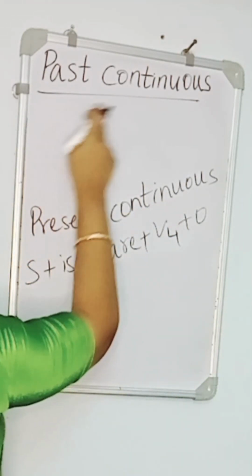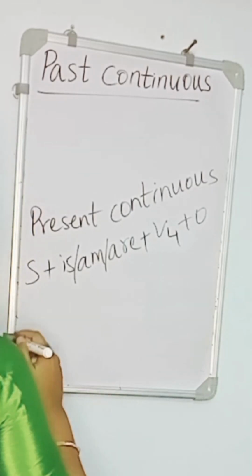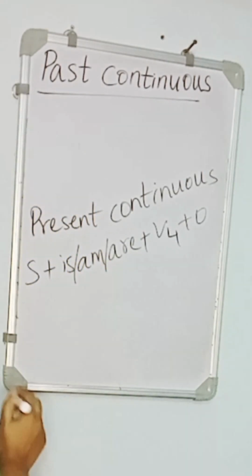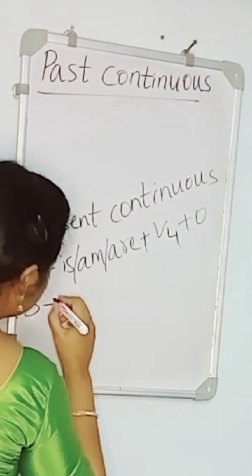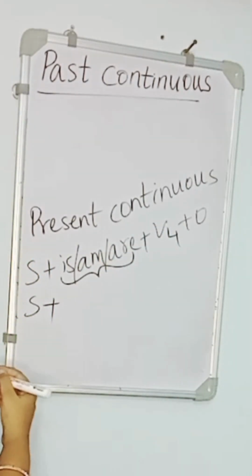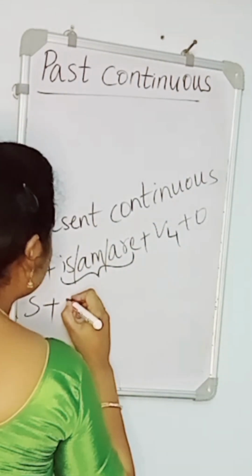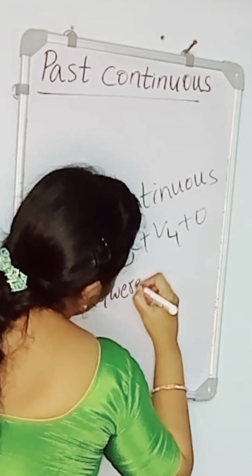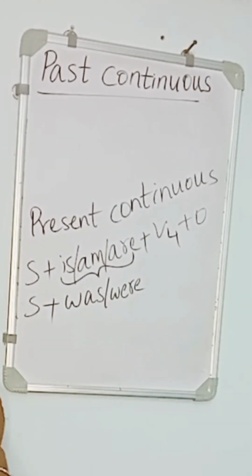Now, what is the syntax for past continuous? Let's see what is the difference between present continuous and past continuous. Subject is same. And for is, am, are, the past tense is was, were. What is that? Was and were. Okay.